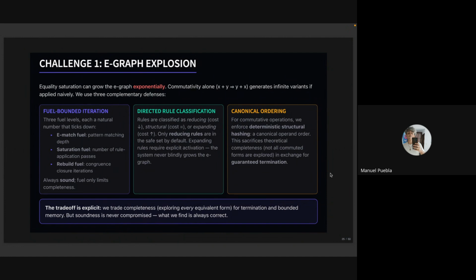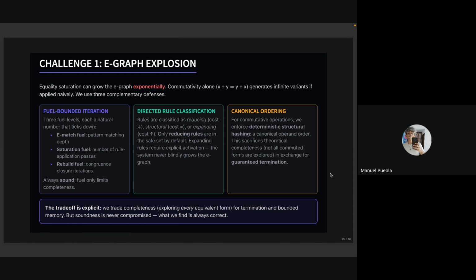First of all, we have fuel-bounded iteration that appears at different levels. First one, we run through all the possible substitutions. That's called the image fuel. Then we have the saturation fuel, the number of rule applications that we have. And we have the rebuild fuel, how we reconstruct the classes.